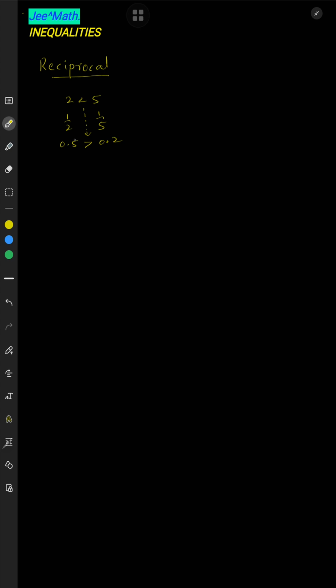See one example. Suppose you have one negative number and one positive number, for example -2 less than x less than 5. Here not all are positive. From -2 to 0 negative numbers are there, and from 0 to 5 positive numbers are there.